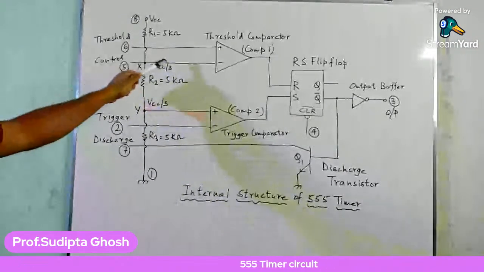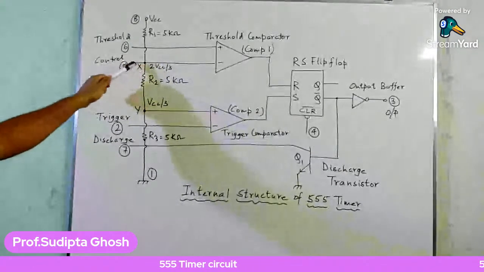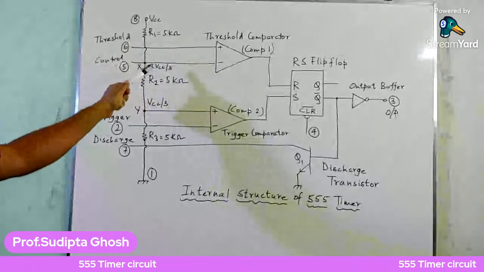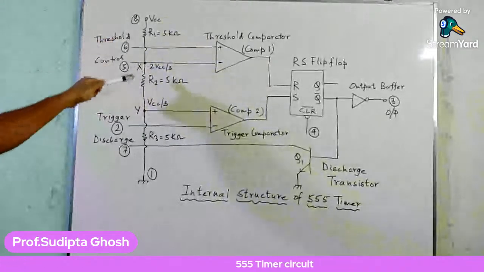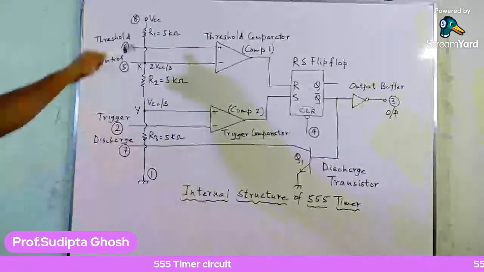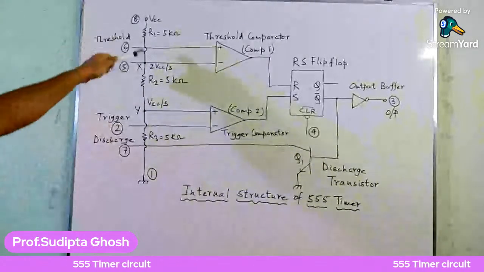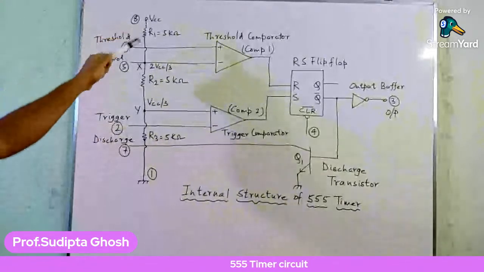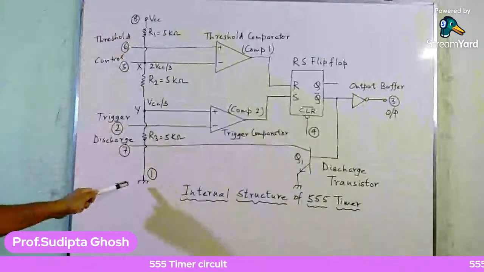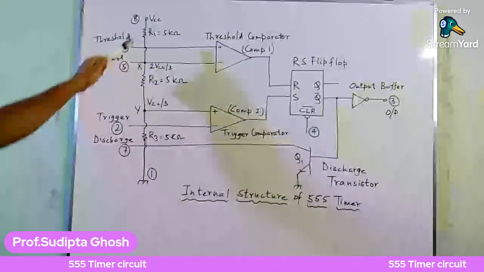Now what will be the value of the potential at point X? Here is a potential divider connected between terminal 8 and terminal 1, that is VCC and ground.